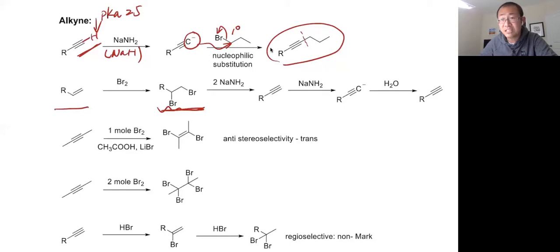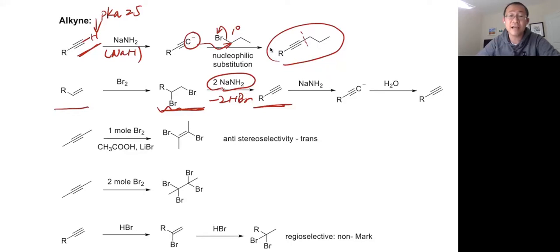And then if I treat the dibromoalkane with 2 equivalents of strong base, such as sodium amide, I can remove 2 HBr. Basically, I remove 2 HBr from that structure to give you a triple bond. That's how we prepare it.